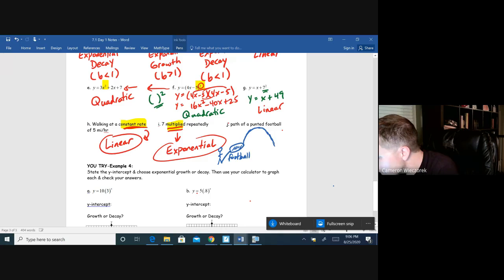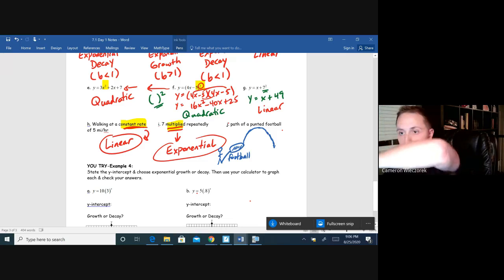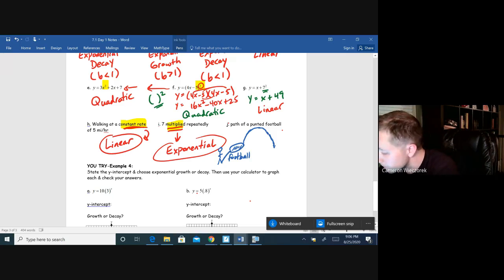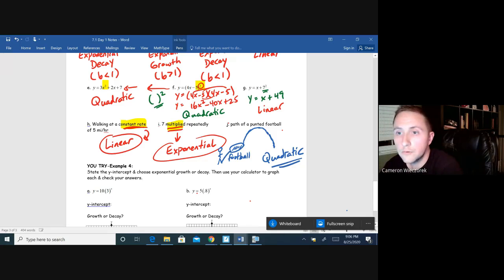Football comes back down. Hopefully somebody intercepts it and runs to the touchdown line. Touchdown. Okay, I'm done. Anyway, you can see that that path is definitely not exponential because it changes direction. It comes back down. It's not linear. It makes that U shape, that parabola. So this is quadratic.